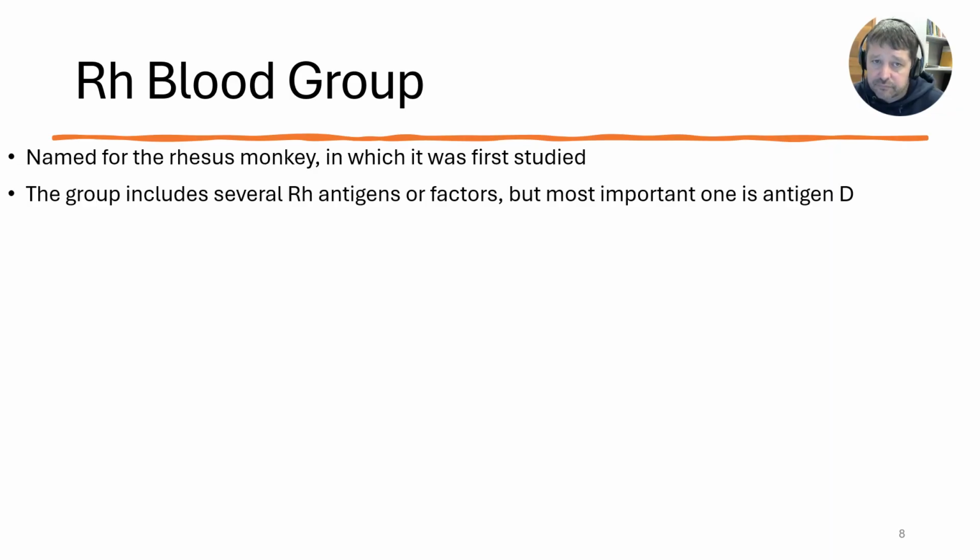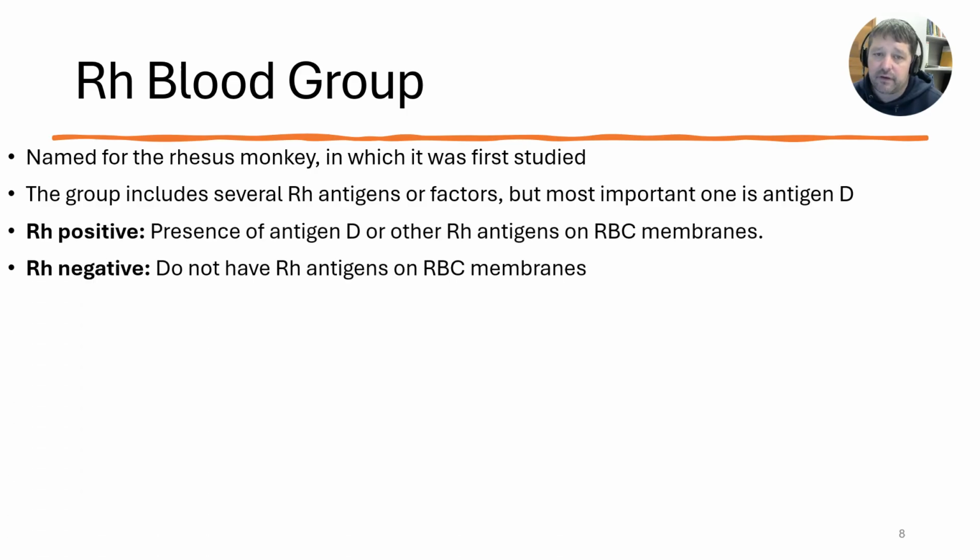Okay. So, anyways, the RH factor is also important. It's not just whether it's an A antigen or a B antigen, we also have to look at the RH factor. So the RH antigen either occurs or it doesn't. You are RH positive and have the antigen D, or another type of RH antigen.